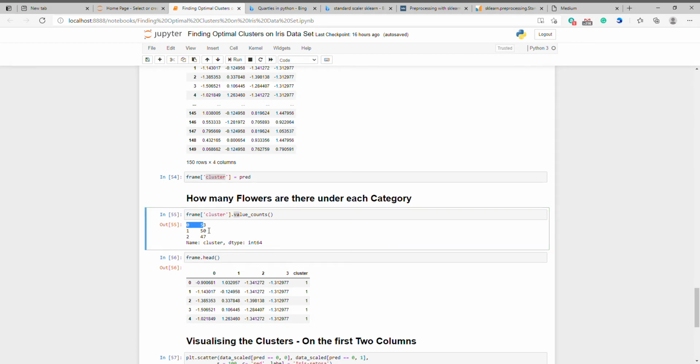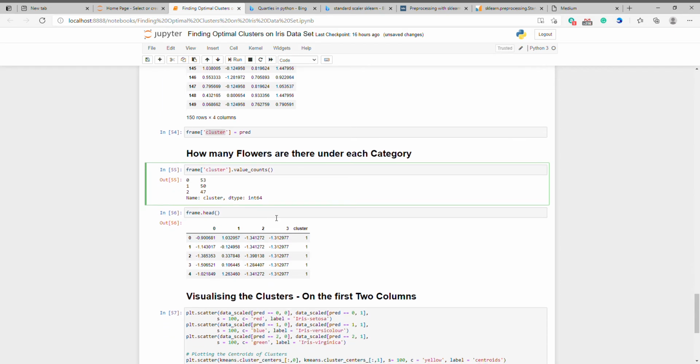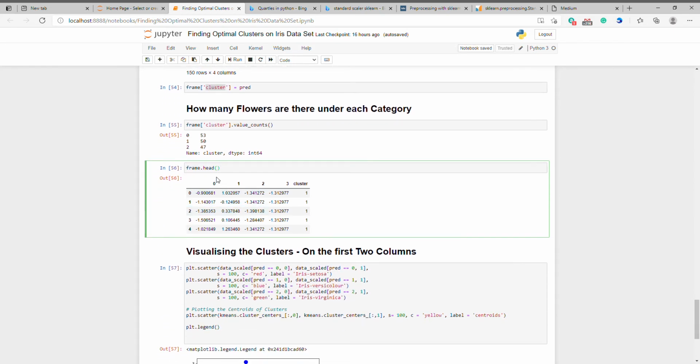In the 0 category, how many flowers? In the 1st category, that is Iris versicolor, how many flowers are there? In the 2nd category, how many flowers are there? That is calculated by using the value underscore counts function. After appending this cluster column to the frame, I am printing all the frame values.